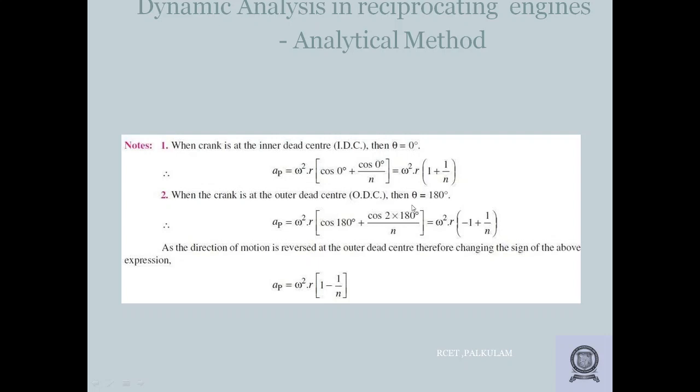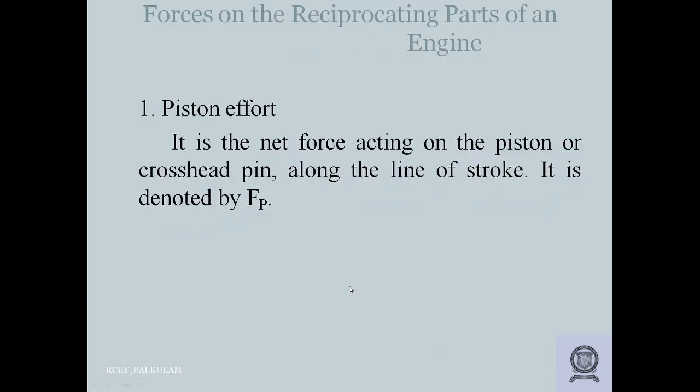When theta is 180 degrees, that is ODC, substitute cos 180 degrees as minus 1, omega square r into (minus 1 plus cos 2 into 180 degrees, which is plus 1, divided by n). As the direction of motion is reversed at the ODC, changing the sign gives Ap is equal to omega square r into (1 minus 1 by n).